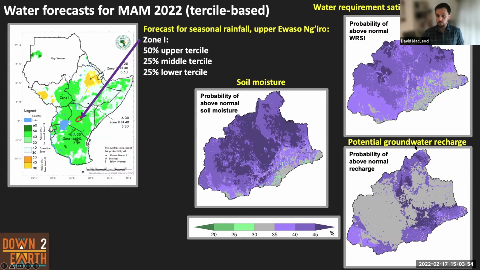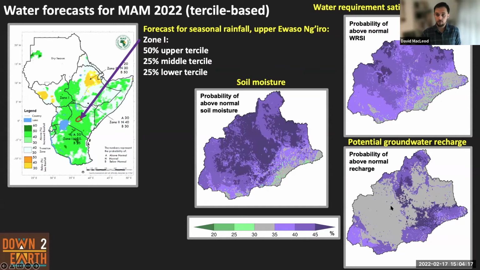And in the bottom right is a plot for potential groundwater recharge, where we see that rainfall signal has been dampened even further. We see that the above normal recharge has increased in risk in the northern parts, and actually in the mountainous parts, the recharge is likely to be above normal.